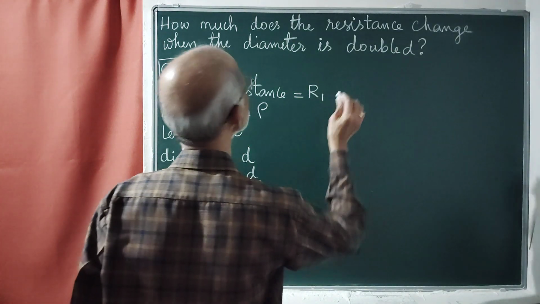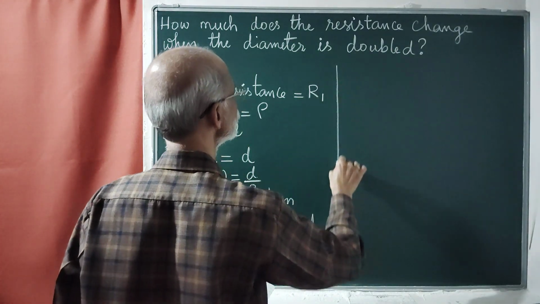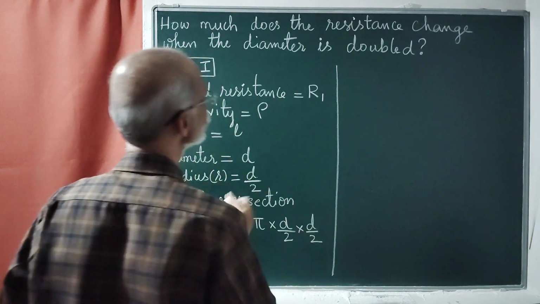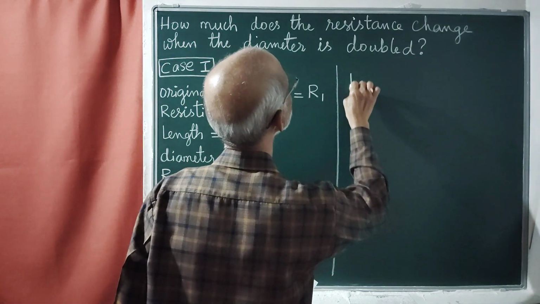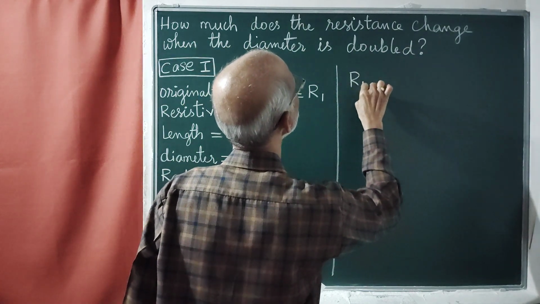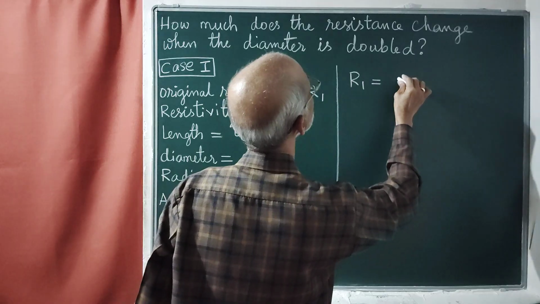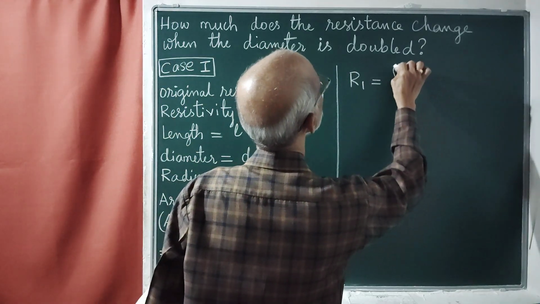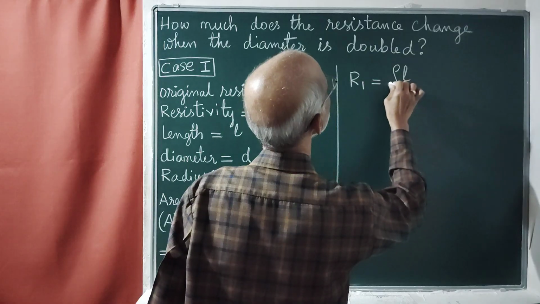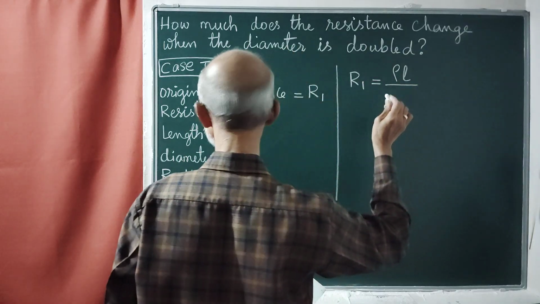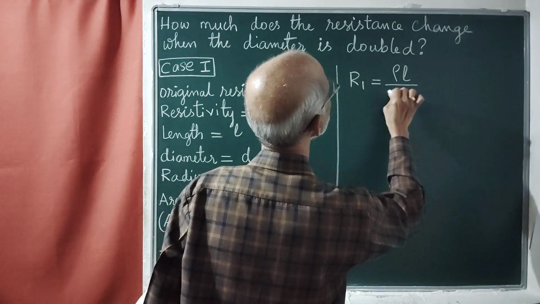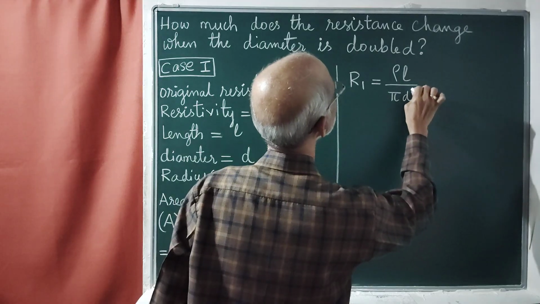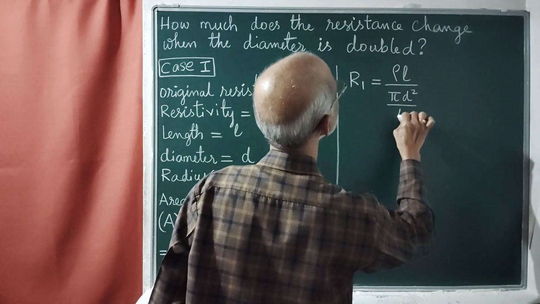Now, R1, that is the original resistance. R1 equal to rho L by A, meaning pi D square by 4.